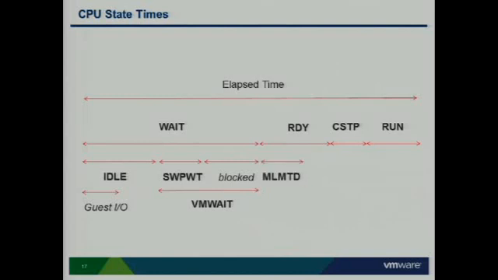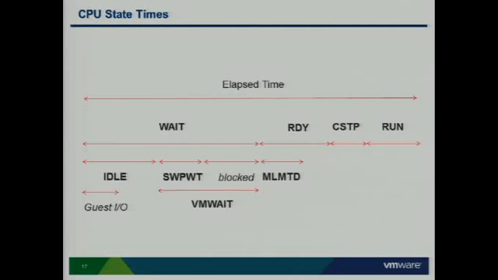Now, you can accumulate ready time for two reasons. One, you are contending for CPU with other VMs on the box. Or the scheduler is forcibly descheduling you because you're exceeding your quota. We can set a quota by setting resource limits. So you can say this VM gets a maximum CPU of 2.4 gigahertz, but your clock frequency on the box could be 2.8 gigahertz.